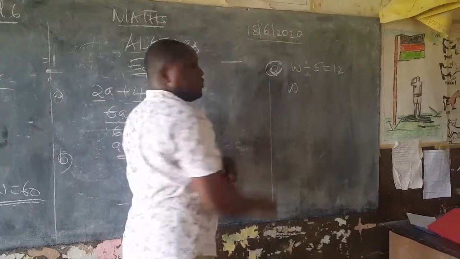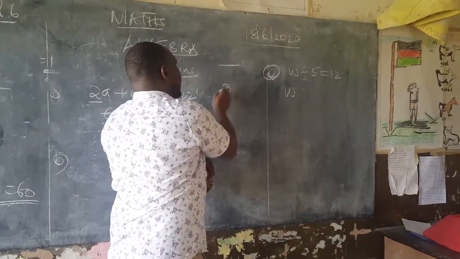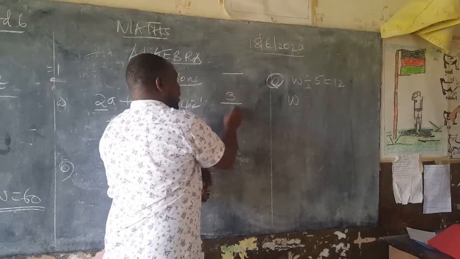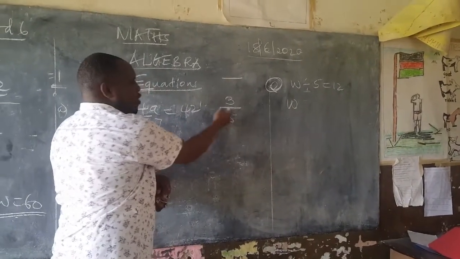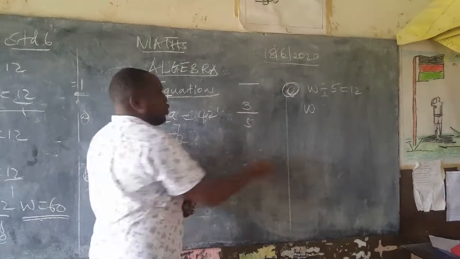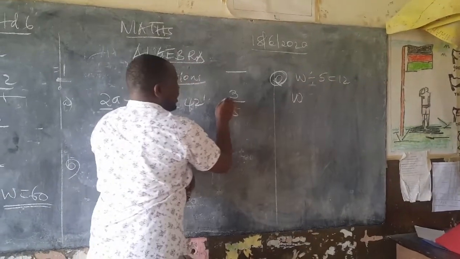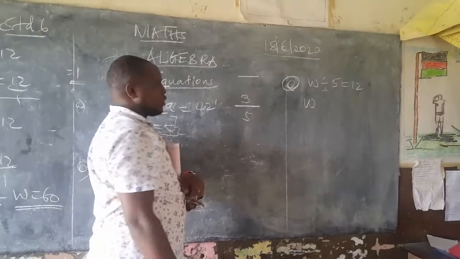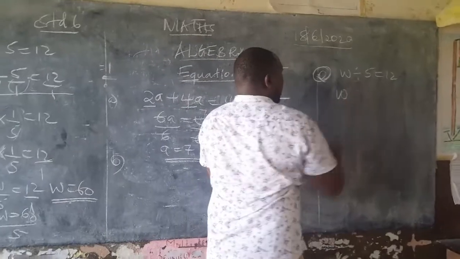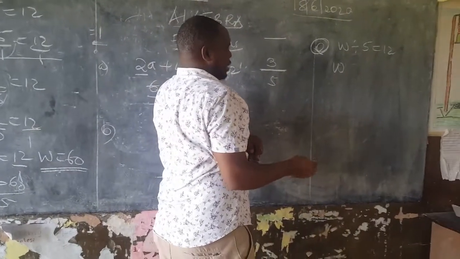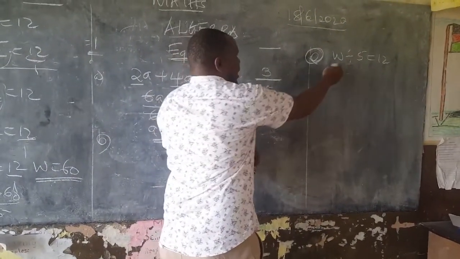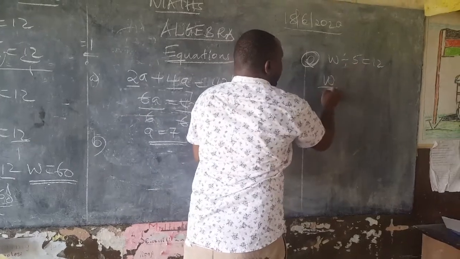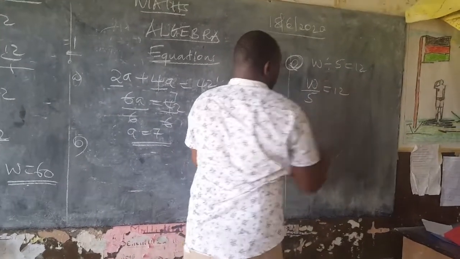This one also means division. If you write something like 3 slash 5, this means 3 over 5. Over means divide. So we are not going to write this division sign, we are going to write the other one, over slash, because if you write this one, we may not get the answer. So this is method number 2. This can be written as W over 5 is equivalent to 12.